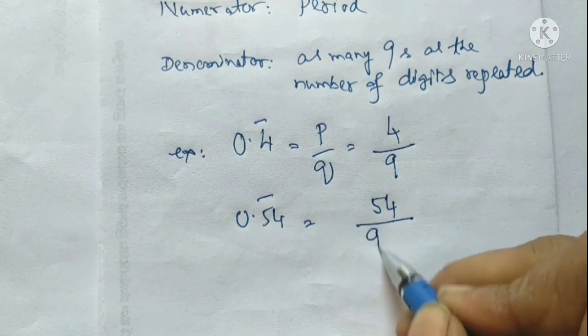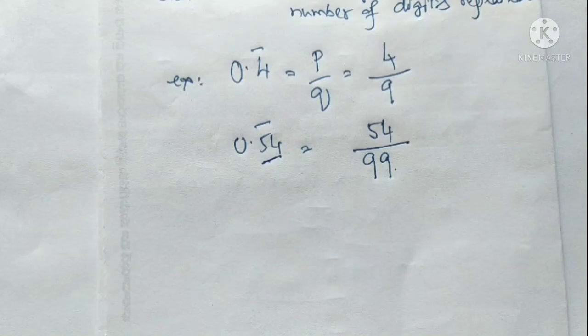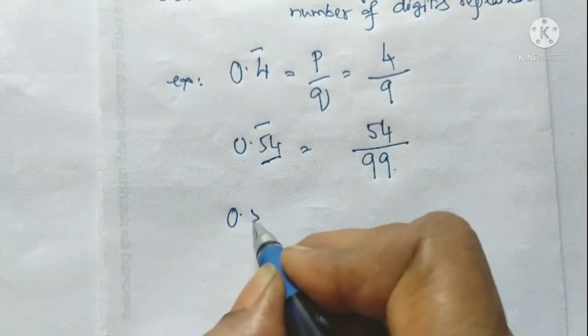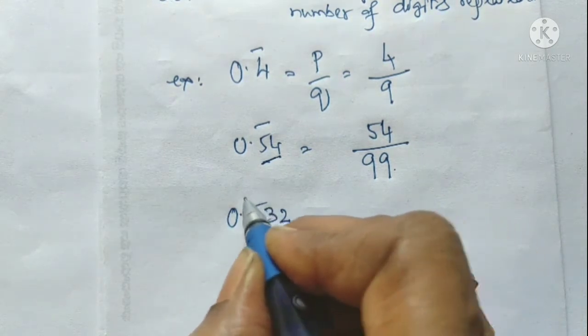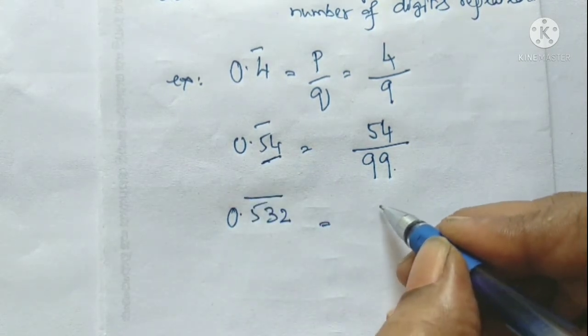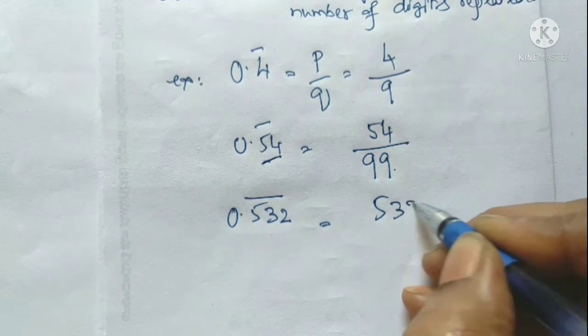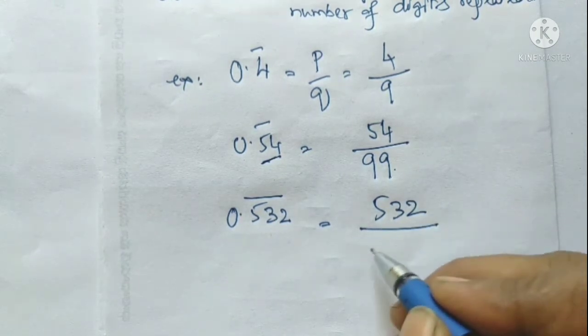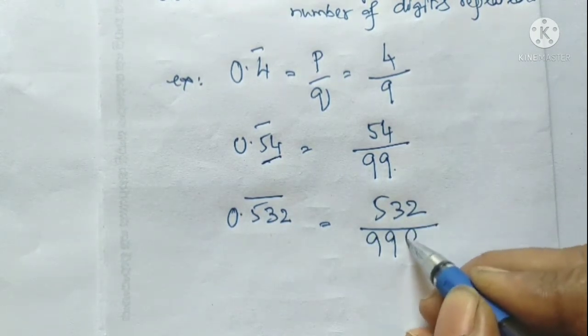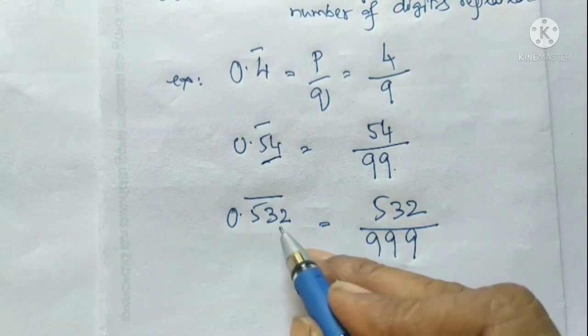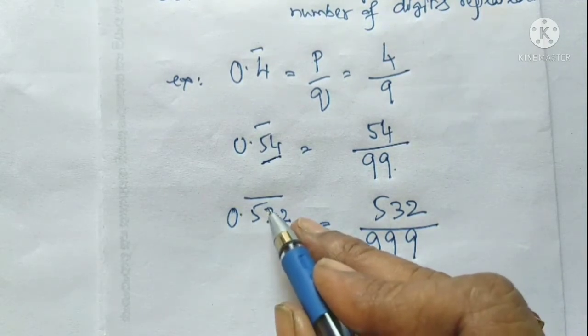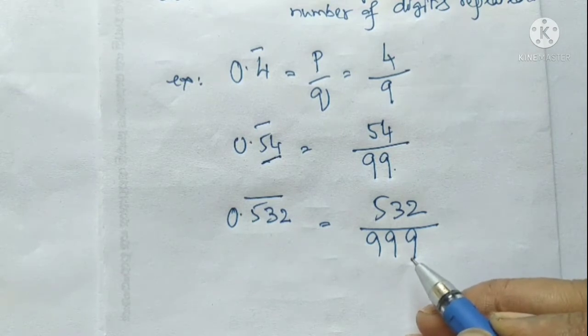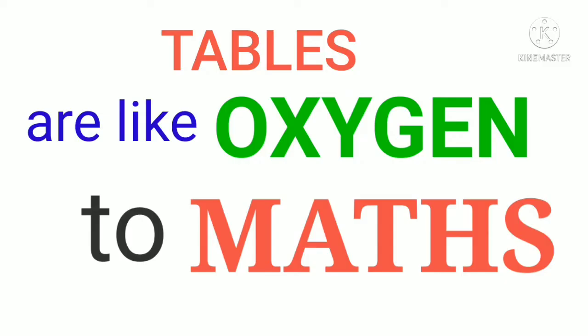So you have to write 2 nines. Then 0.532 bar. Here the numerator will be 532 by the denominator 999, because here 3 digits are repeating, so we have to write 3 nines as the denominator.